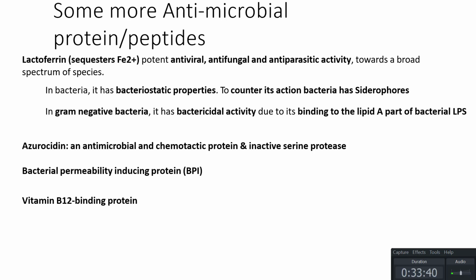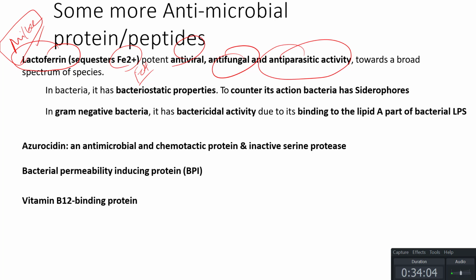Then there are more proteins called antimicrobial proteins and peptides, including lactoferrin. As the name suggests, it is secreted by milk glands. Lactoferrin sequesters iron, that is Fe2+. It is a potent antiviral, antifungal, and antiparasitic across a broad spectrum of species. In bacteria, it has a bacteriostatic property. To counter its action, bacteria have siderophores.